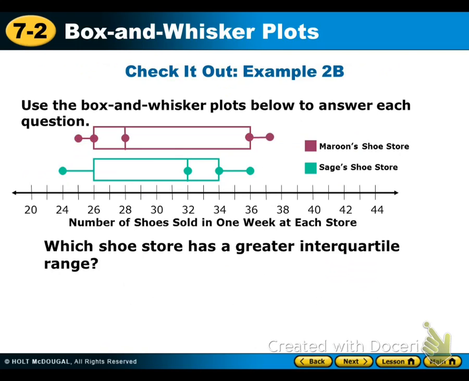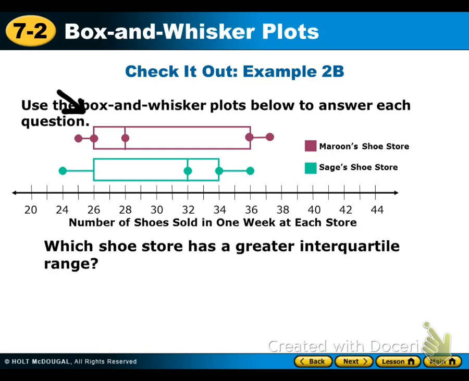Which shoe store has a greater interquartile range? Well, an interquartile range is the box itself. That's what it's talking about. So, maroon shoe store goes from 26 to 36, while Sage's shoe store, and let me show you where I'm talking about. Let me erase those.